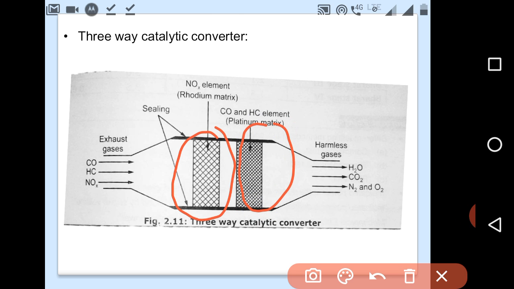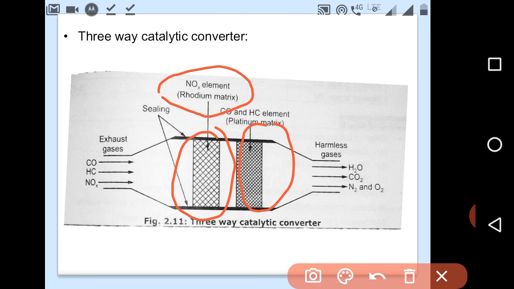In the first stage we use rhodium as a catalyst. Rhodium reduces oxides of nitrogen into nitrogen and oxygen.